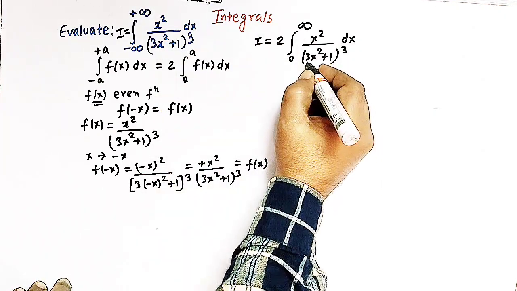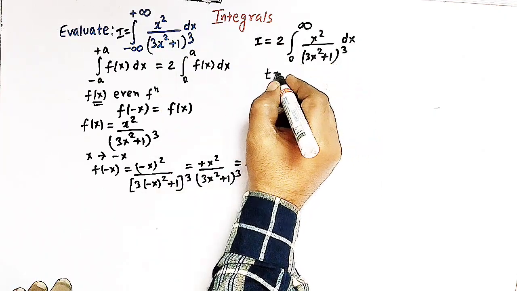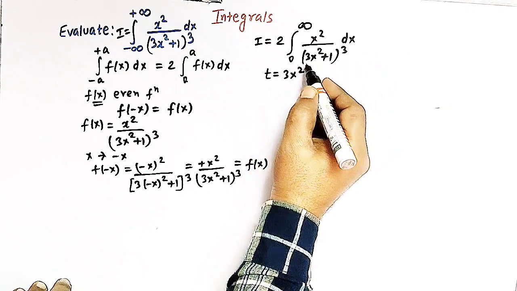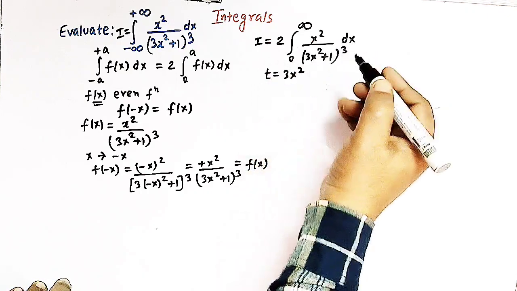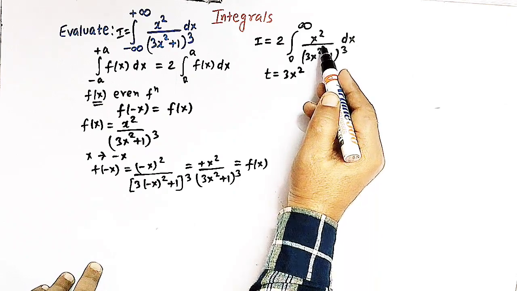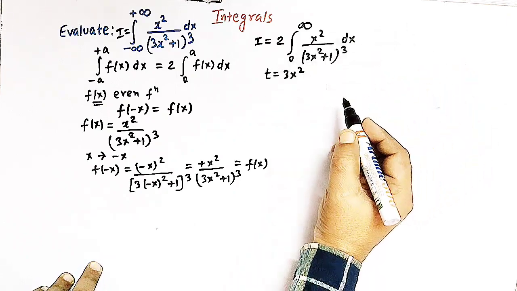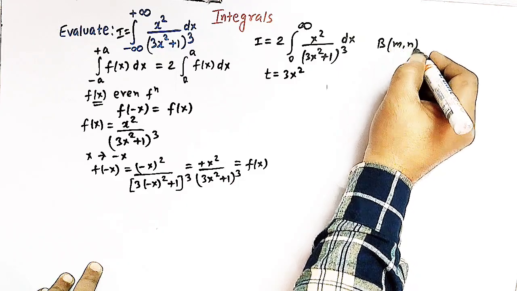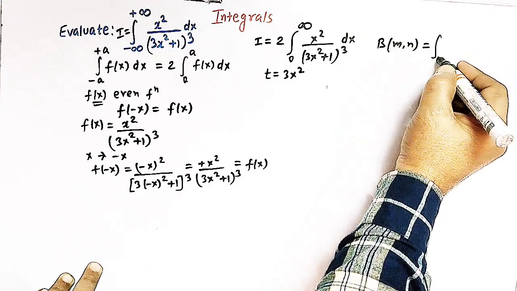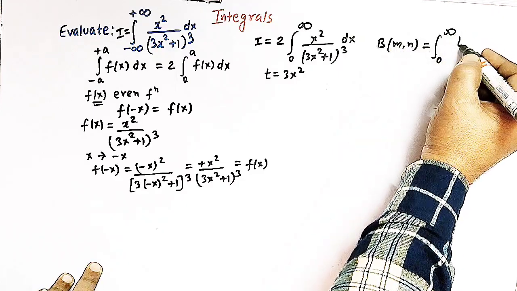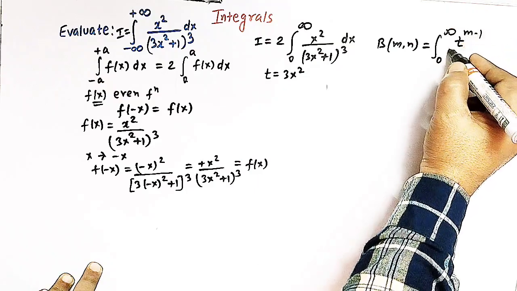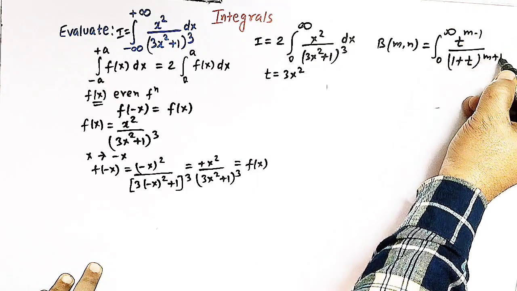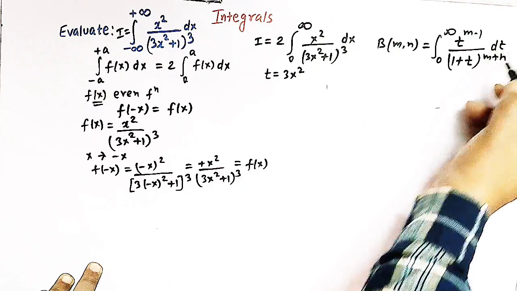So let us substitute here t is equal to 3x square, so that using this substitution we can reduce this integral into the beta function, that is beta m comma n is given by the integral 0 to infinity t raised to m minus 1 over (1 plus t) raised to m plus n dt, right?